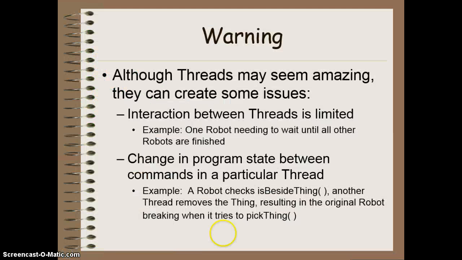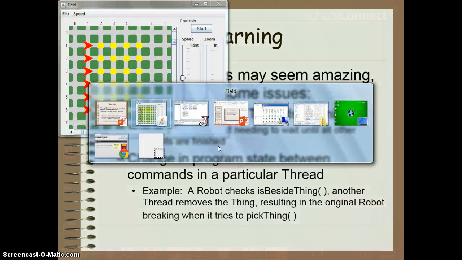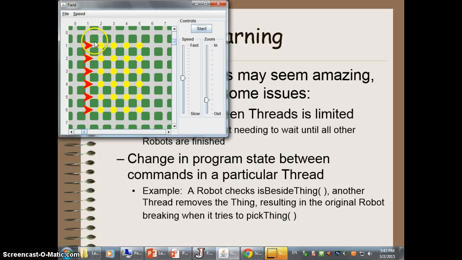The second warning has to do with changing the program states, because remember, each thread happens independently, and we switch back and forth. And the processor doesn't always switch back and forth at exactly the same time every time a program is run. So you have to be careful that if the state changes at one point in time, it may cause your whole program to crash. I'll give you an example of what that looks like. So let's say here, this robot's going to check that there's a thing here. It's going to say, if it's beside a thing, I want to pick something.